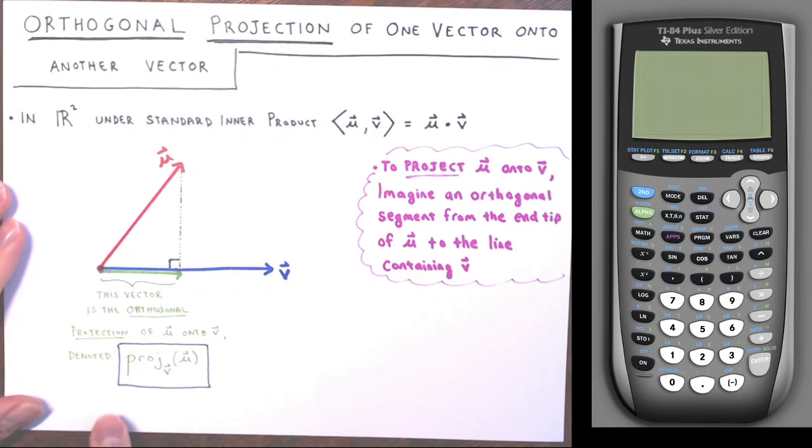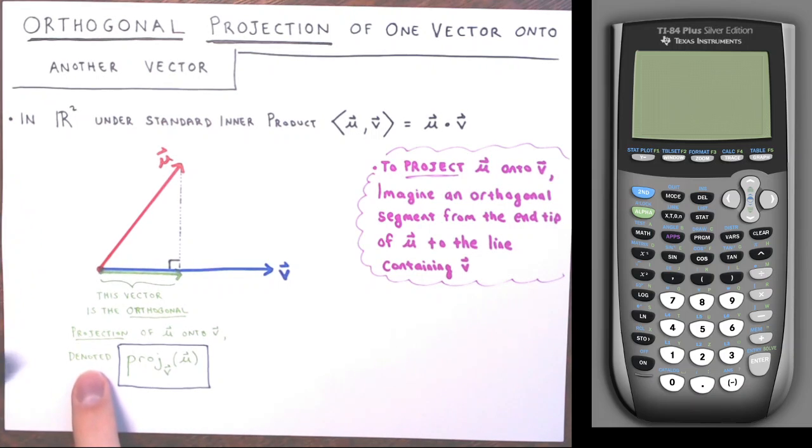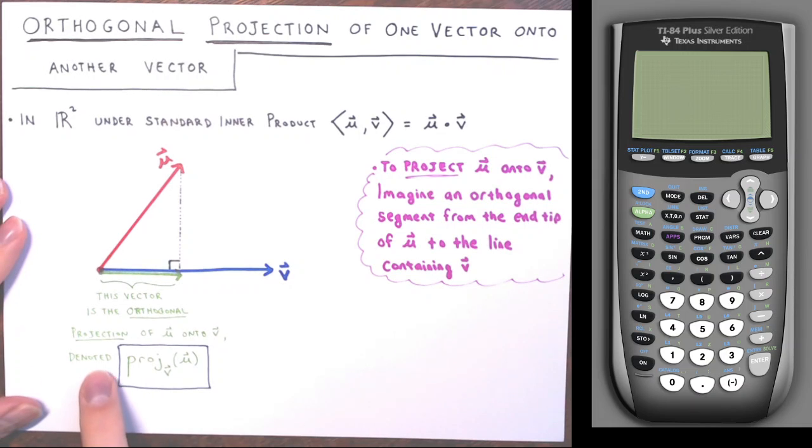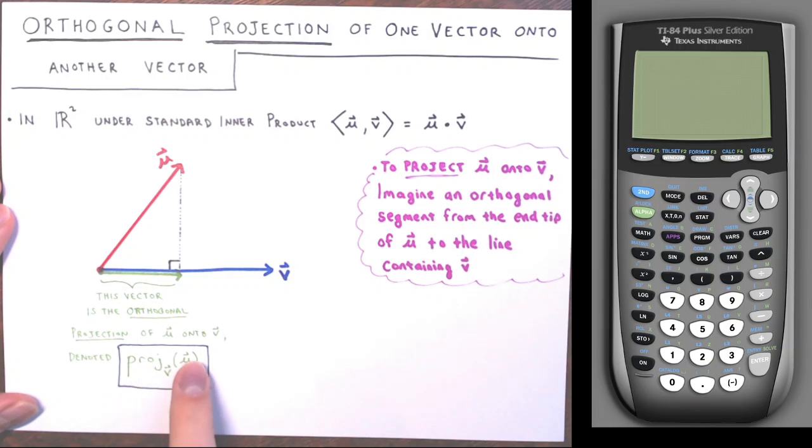The way it's denoted in most texts that I've seen is proj, then in parentheses the vector that's being projected, vector u, and then a subscript under the proj is the vector that's being projected onto. So this is the orthogonal projection of vector u onto vector v.